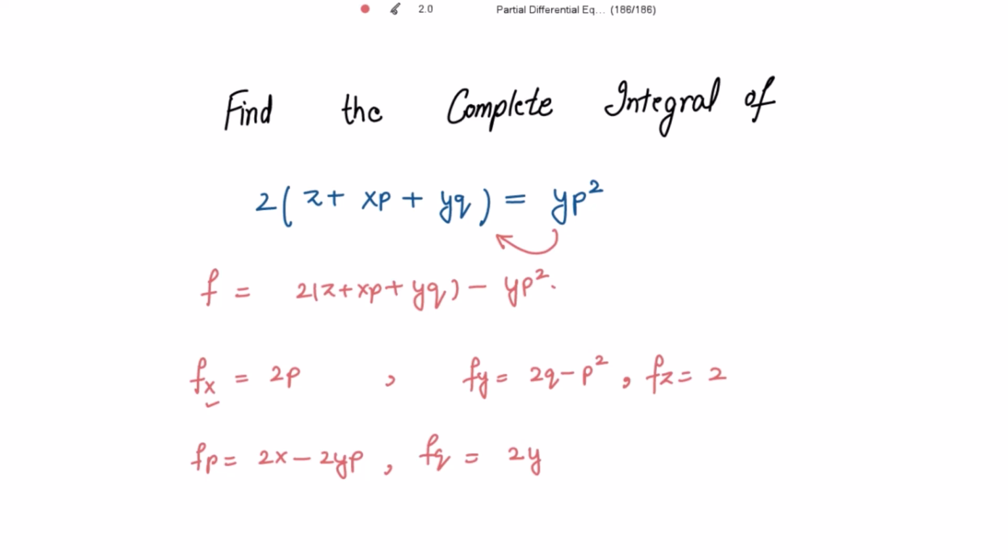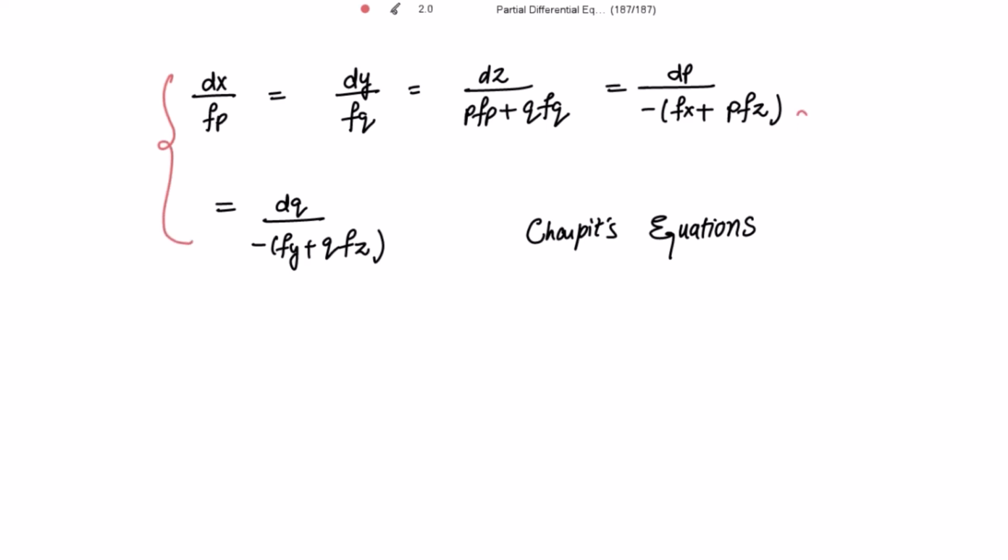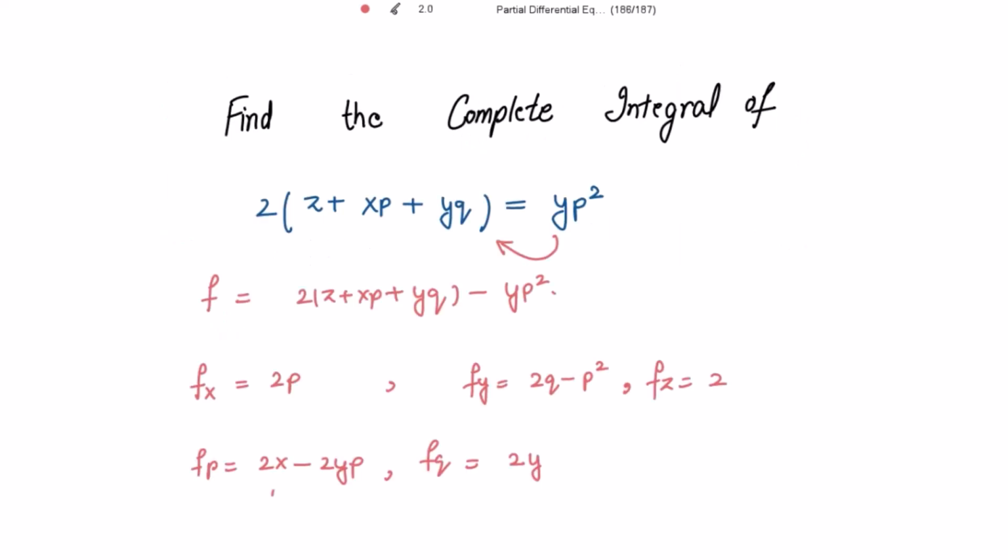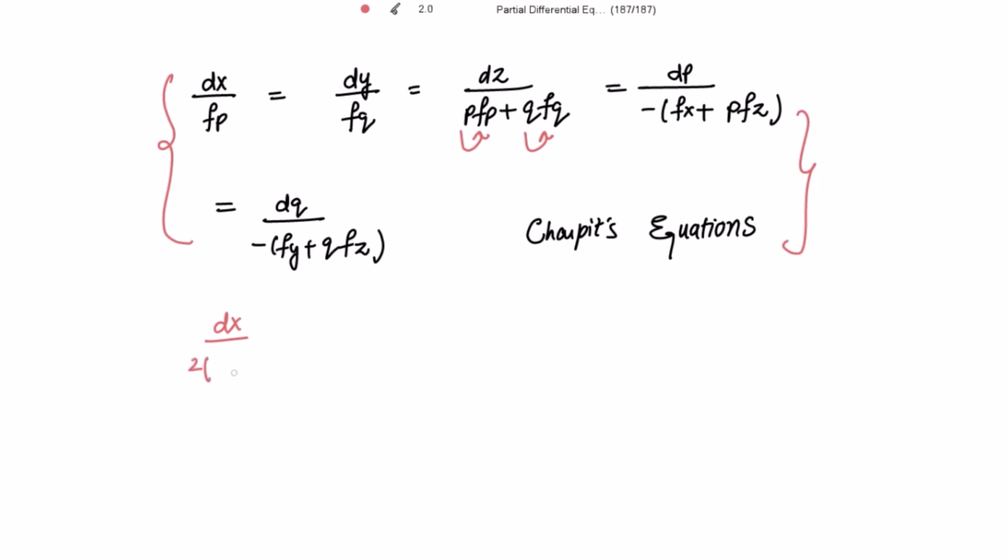And now let's use Charpit's auxiliary equations. These are the Charpit's equations. Let's put all the details. It is dx divided by fp, that is 2x minus 2yp, and I'm going to take 2 outside, so this is x minus yp inside the bracket.